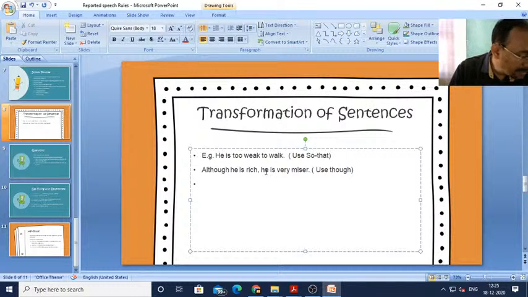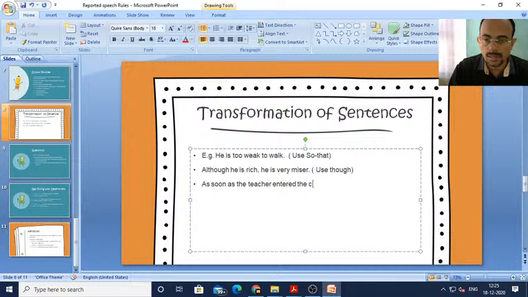Then there may be a sentence like, for example, as soon as the teacher entered the class, the students stopped talking.